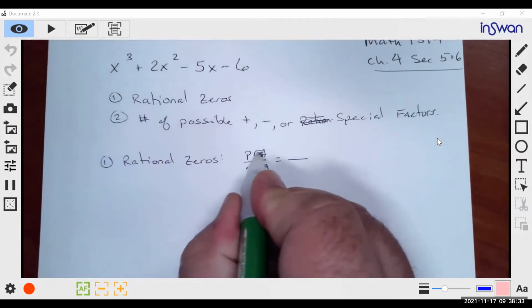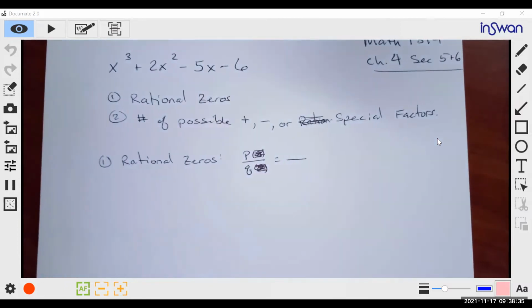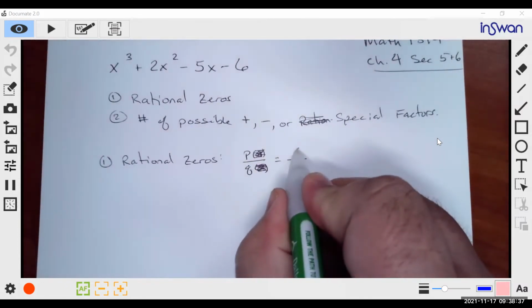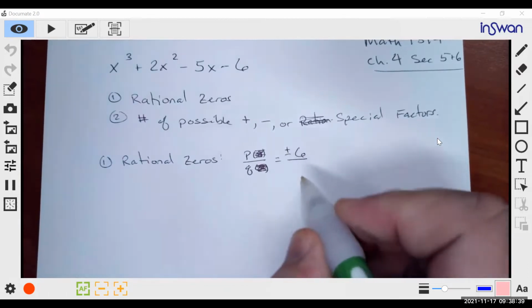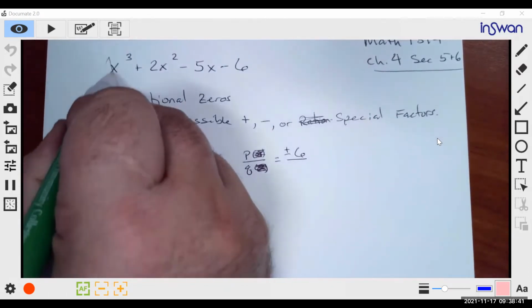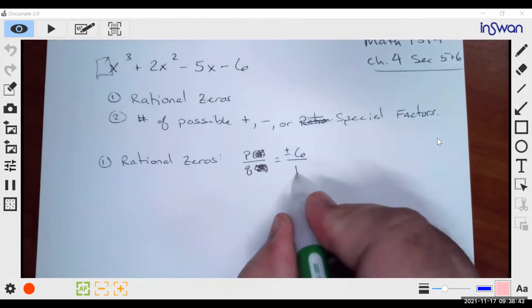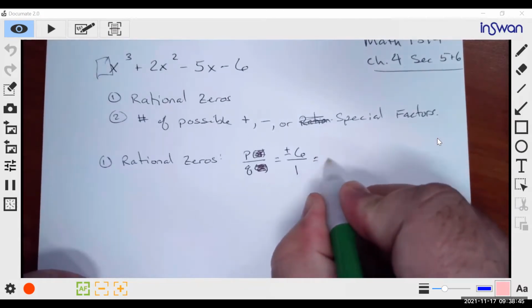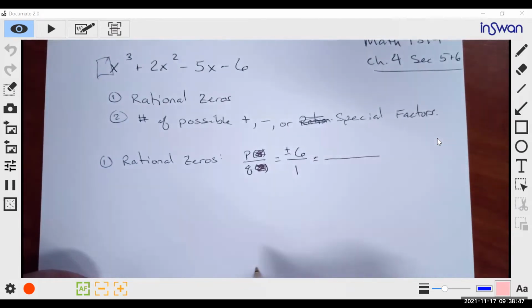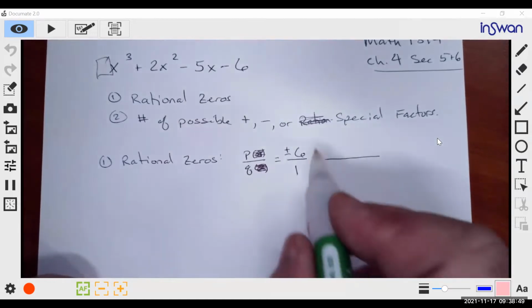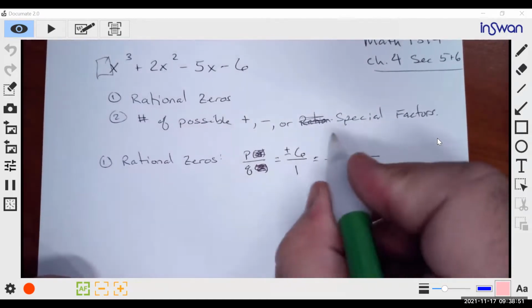It's the constant, so it's 6. And the Q is the leading coefficient, so it's 1. So the next thing we do, we find the factors of 6.